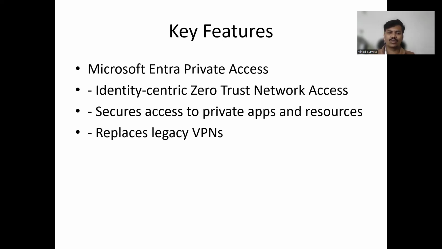It is also going to provide secure access to private apps and all the resources over the internet, flowing through the Microsoft network, with safe and secure access to resources across the organization, be it inside or outside the organization.